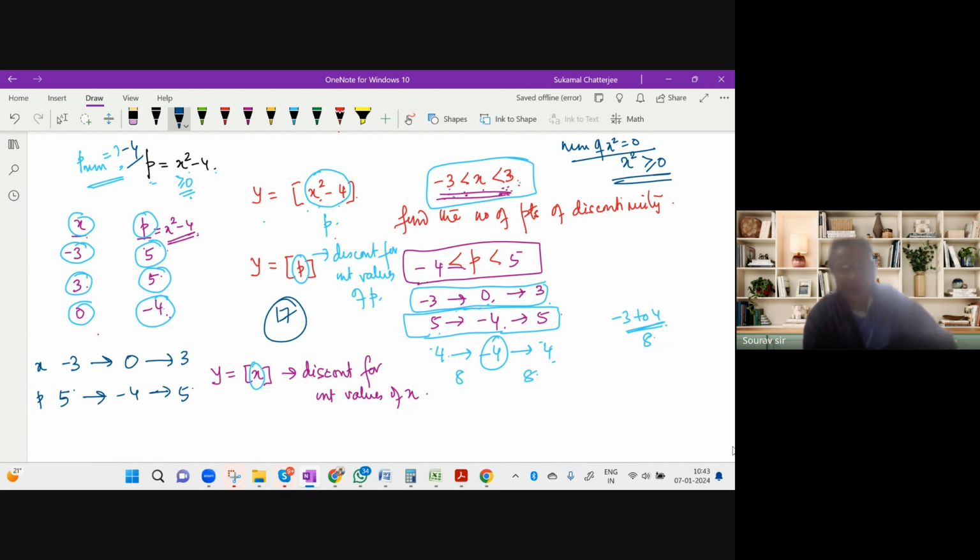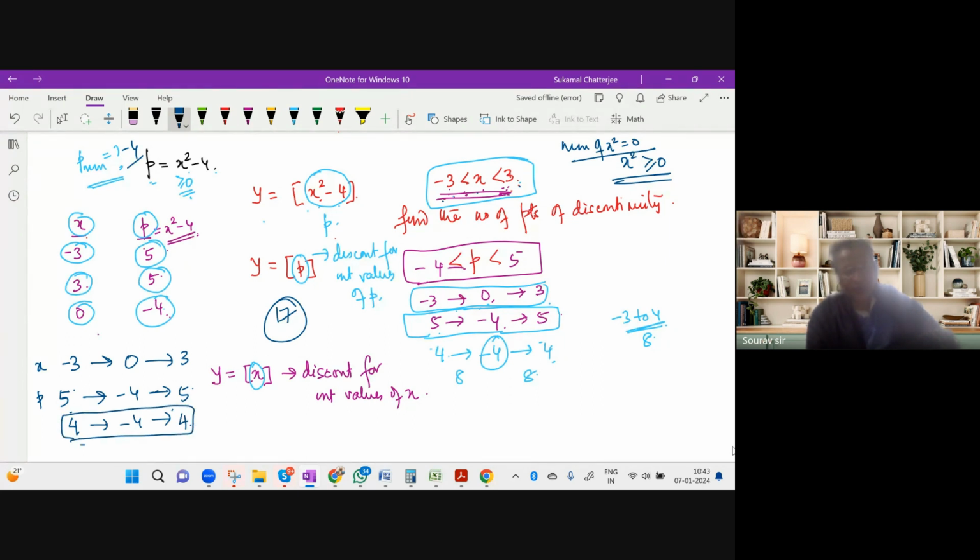Now bear in mind that x is greater than -3 and less than +3. So it will never reach +5. It will be between +4 to -4, and then again back to 4. So this is the range that you need to consider.